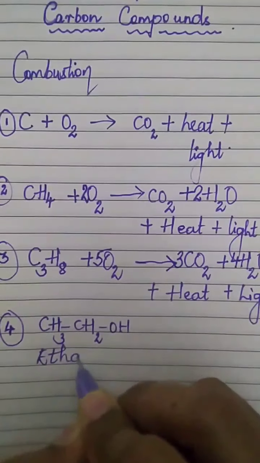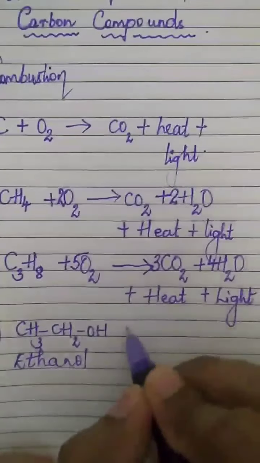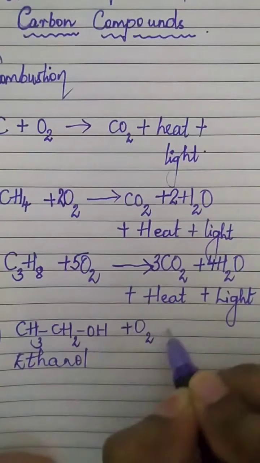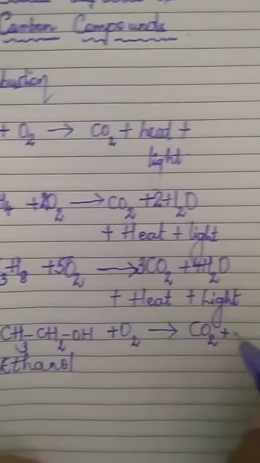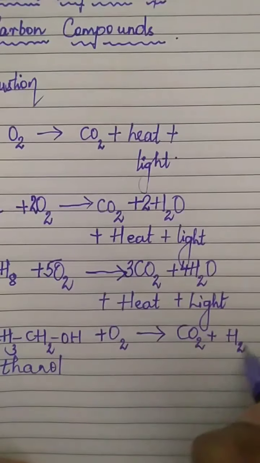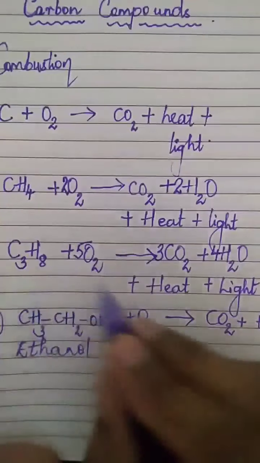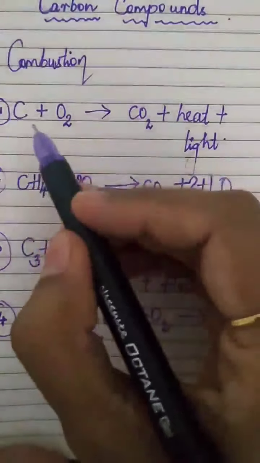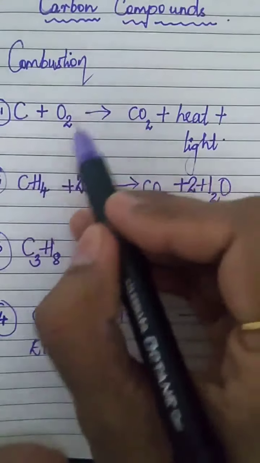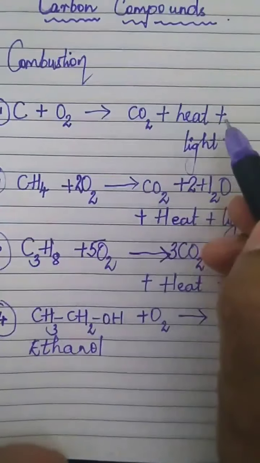This is ethanol. Ethanol on combustion gives the same products, carbon dioxide plus water. If you have hydrogen on the reactant side, obviously you will get water. That is the clue to remember. Here there is only carbon and oxygen, no hydrogen, so you will not get water here.